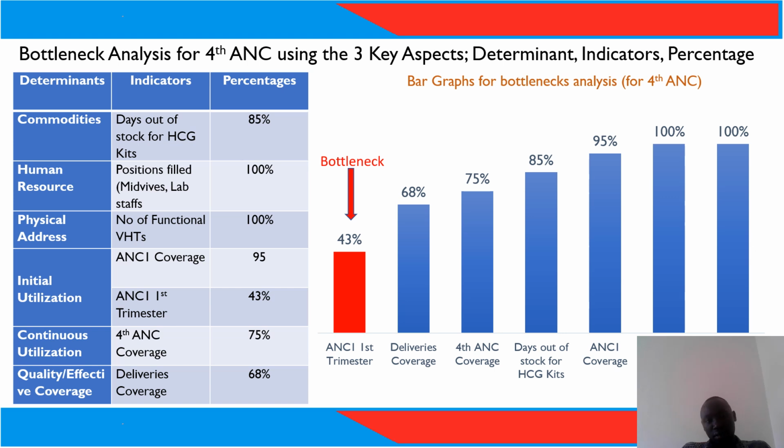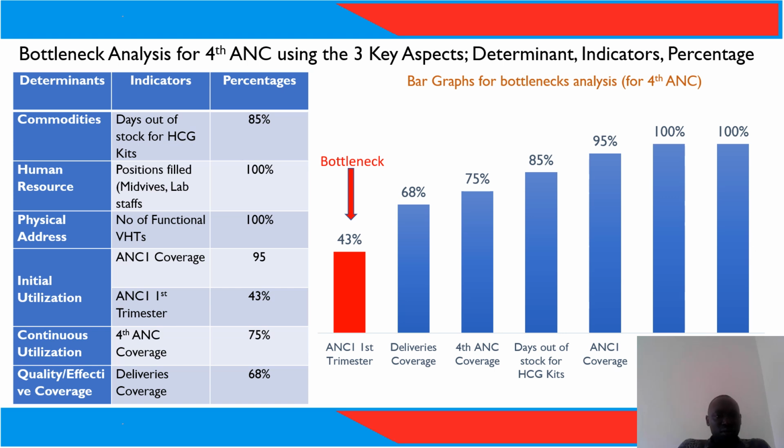So at least 85% of the facilities within the district were stocked with HCG testing kits. This tells us that we do not have much problem with the commodities, especially the HCG kits. So at this time, it's not much of a bottleneck. It's on average as a bottleneck.